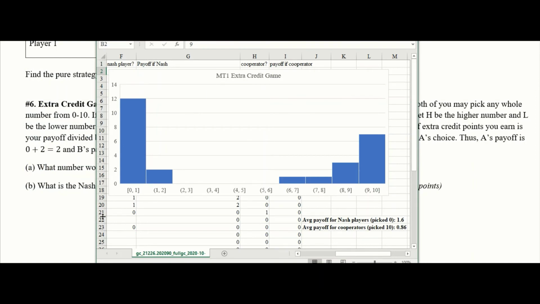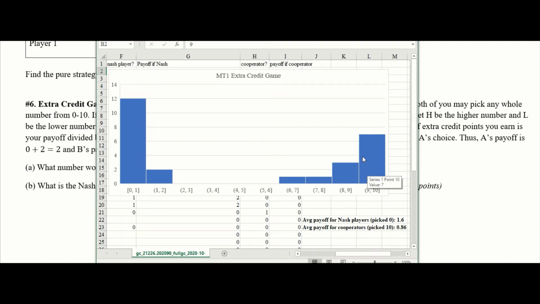So here is the histogram for this class. You can see the most popular strategy here was the Nash strategy, playing 0, though there was a substantial minority of you who tried to play 10.